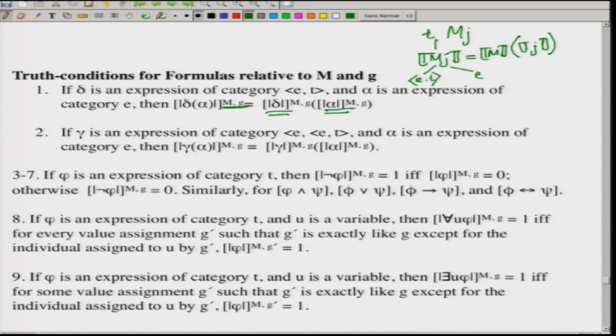If gamma is an expression of category e to (e to t), that is a 2 place predicate, and alpha is an expression of category e, then gamma alpha is this construction.